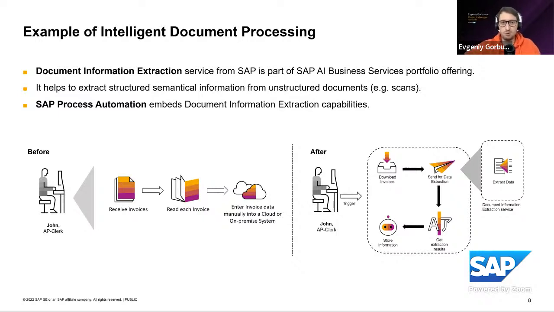Instead of this manual operation, we can create a bot or an automation that will go into the system, download invoices, send data for extraction, then get extraction results. So basically, extract the data out of the invoice like document number, company name, date, amount, etc. And then, after we extracted the data, take this information and insert it into the system or into the target document where we need to put it.